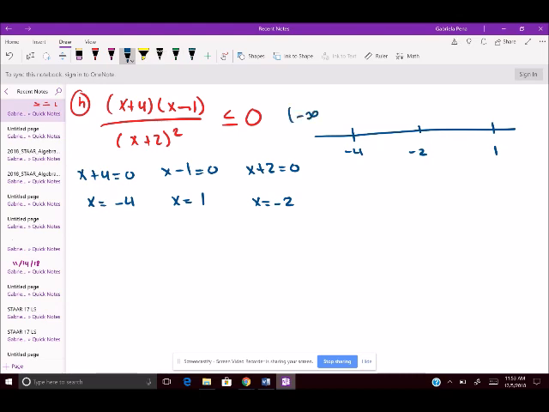Bracket. Negative infinity to negative 4 with a bracket. Negative 4 to negative 2 with a bracket. Negative 2 to 1 with a bracket, and 1 to infinity. The 1 with the bracket, the infinity with the parentheses. And then you would check each one.